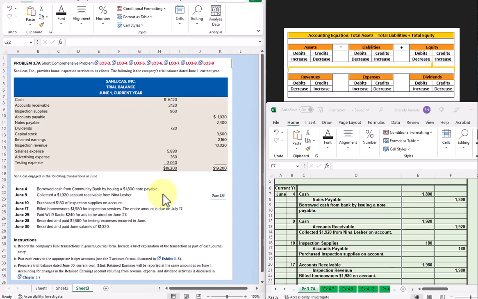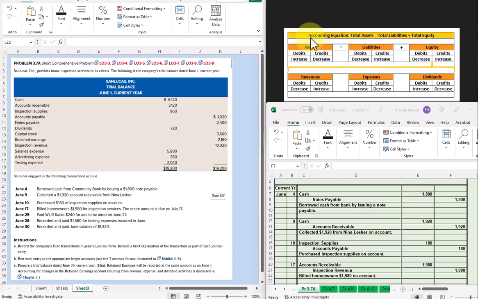Basically, the company borrowed money. So their cash account just went up by $1,800, and their liability in the form of a note payable also went up by $1,800. So now we need to journalize this. We know that cash is an asset account, and their cash just increased by $1,800.